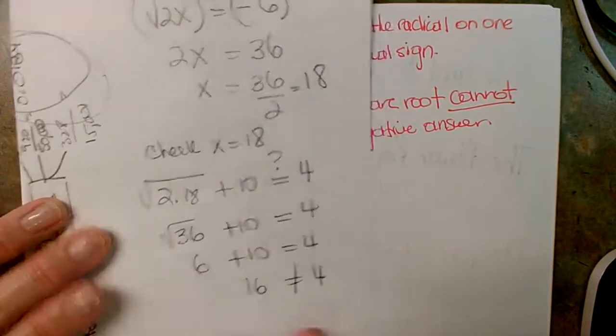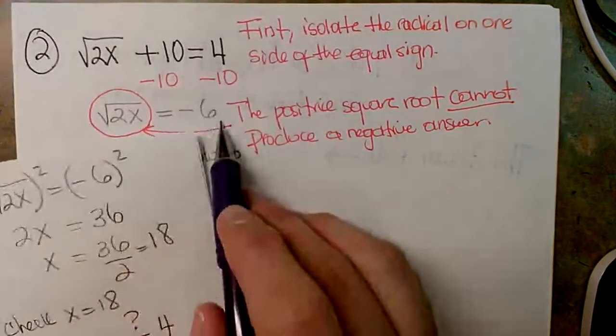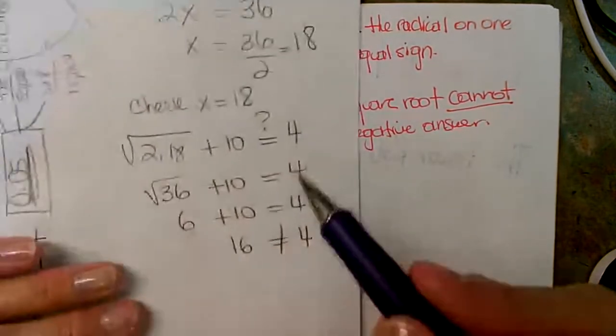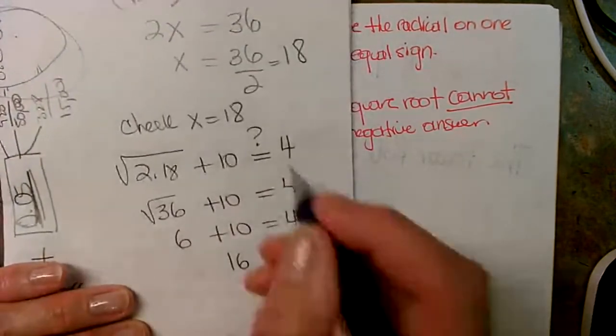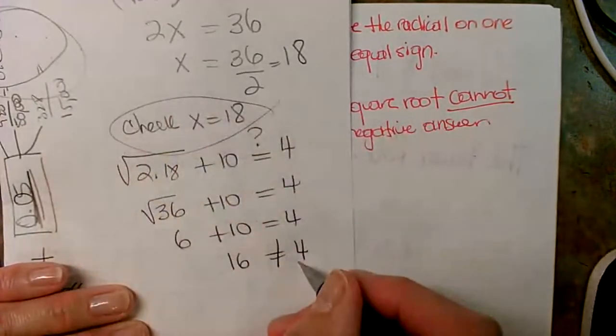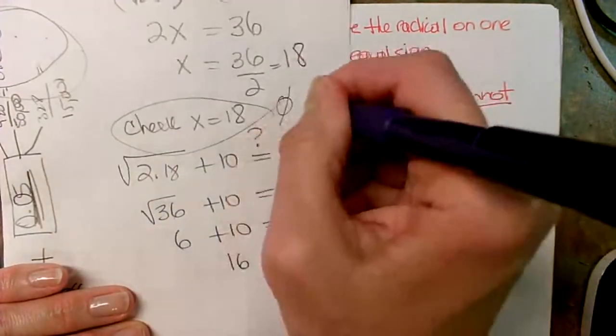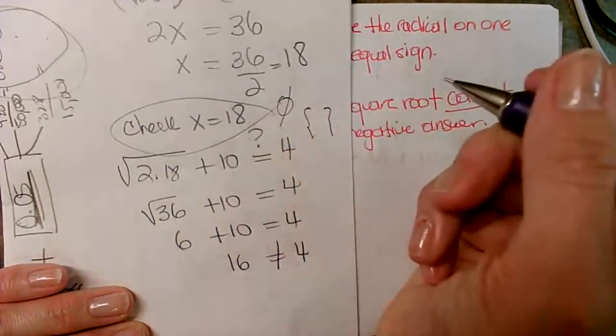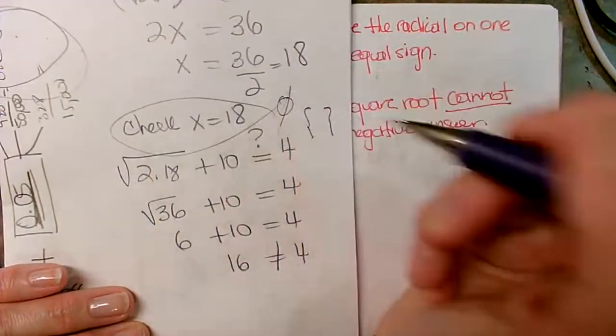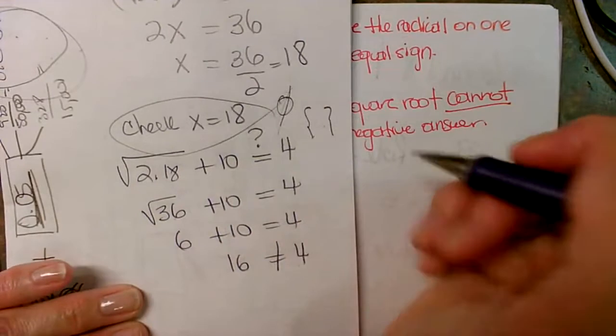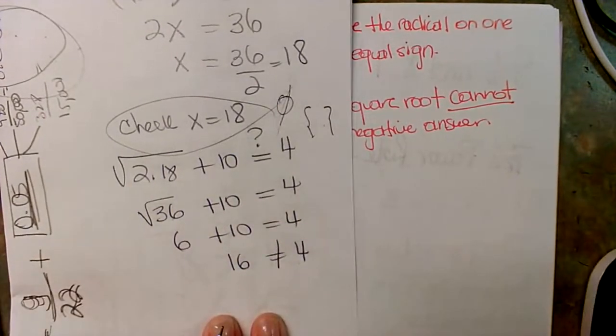So even if it happens that we do not see it right away, when you get the answer and you check the answer, you find that there's no solution. So you just write this symbol or this. All right, now let's do another one.